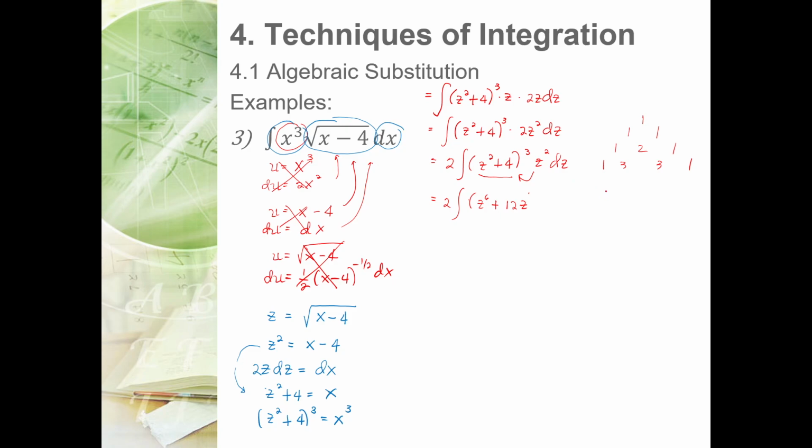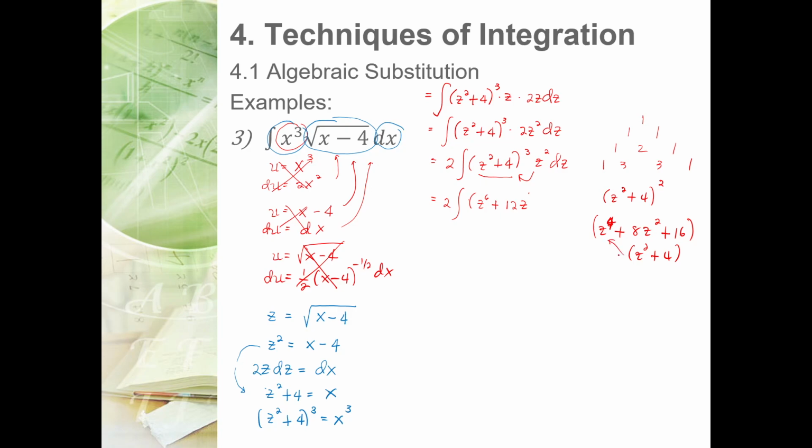So the binomial z squared plus 4 squared gives z to the power of 4 plus 8 z squared plus 16, di ba? Then multiply it by z squared plus 4.